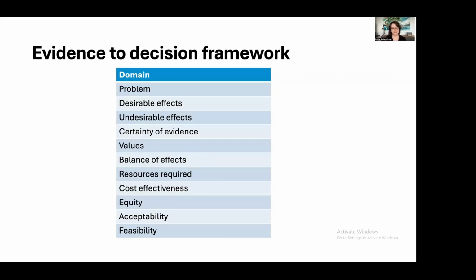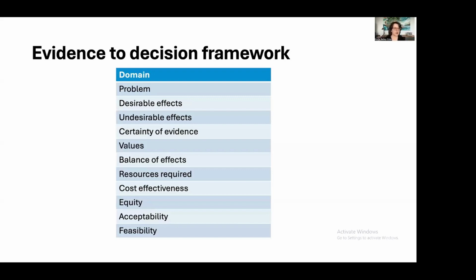And so these domains are: is the problem a priority? What are the desirable effects? What are the undesirable effects? What is the certainty of evidence? So this is similar to what we've talked about already, right? But let's look into the rest. So we also assess as a panel the values: do we think patients with different values may make different decisions in light of the data? What is the balance of the desirable and undesirable effects?